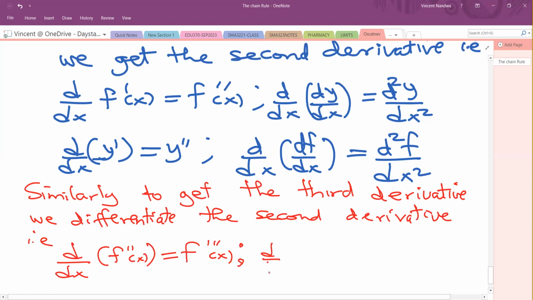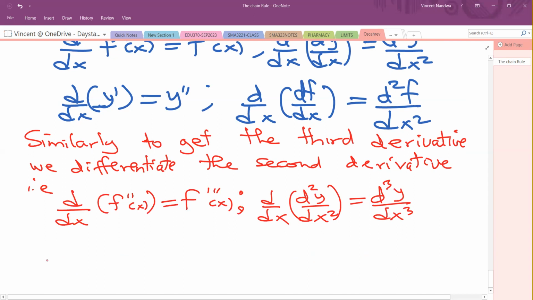Then d dx of d squared y dx squared, I write as d cubed y dx cubed. And when you differentiate y double prime, you get y triple prime, etc. This game continues up to what we call the nth derivative. Okay?